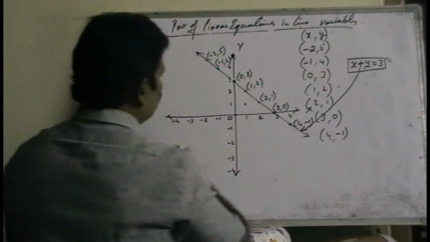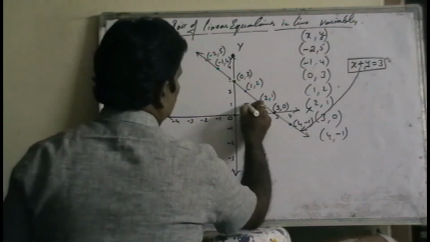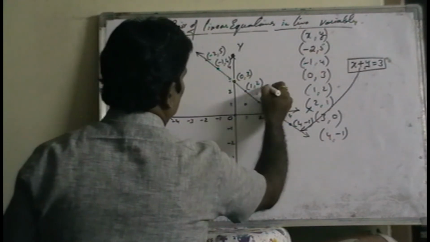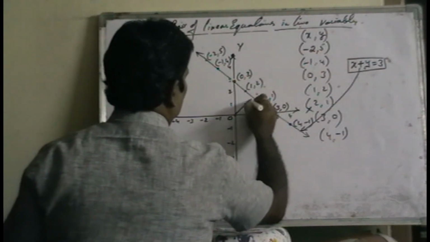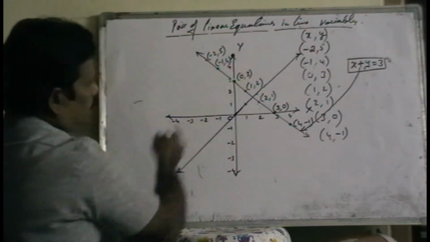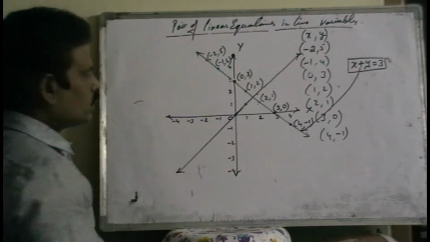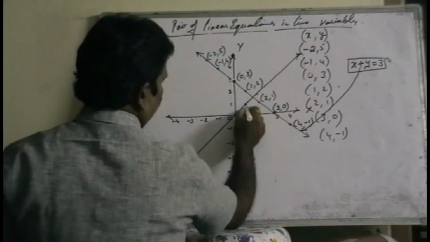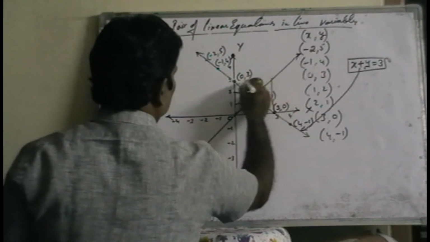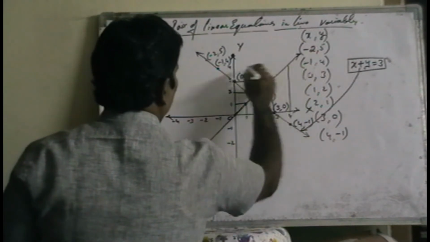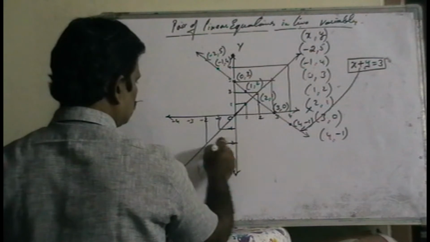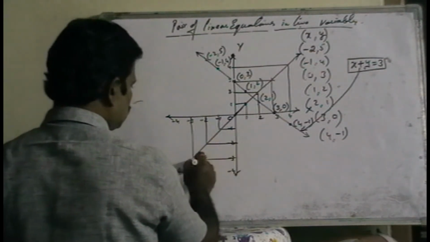Otherwise, one more. Suppose these are all some points, right? So the line is passing through like this. Now what is the equation of that line? See, points 1 comma 1, 2 comma 2, 3 comma 3, 4 comma 4, minus 1 comma minus 1, minus 2 comma minus 2, minus 3 comma minus 3.